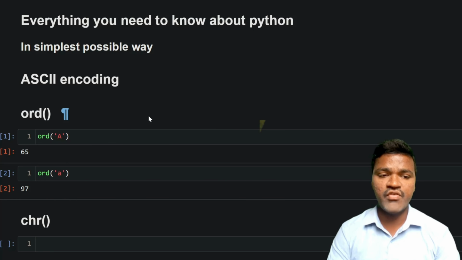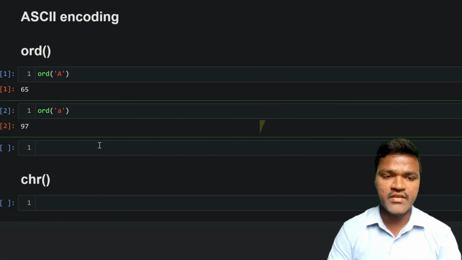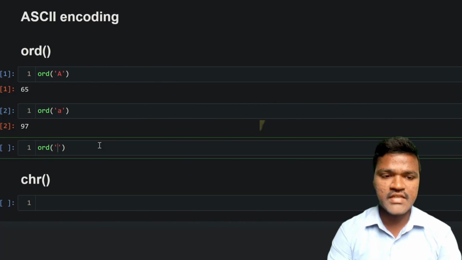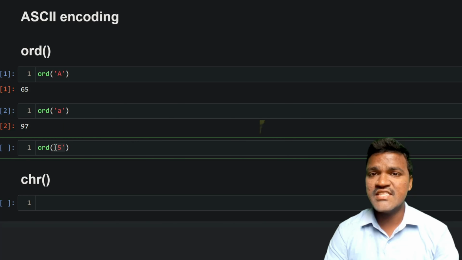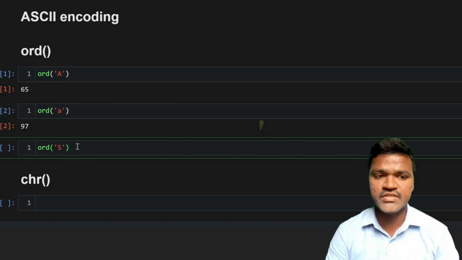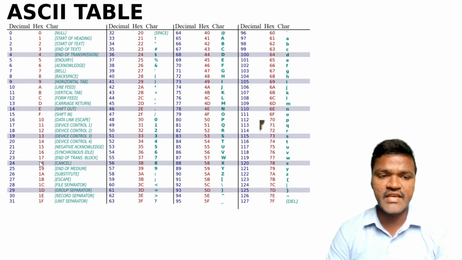Let's say I give an integer value here, let's say 5. Here you need to carefully observe, I am passing this 5 in single quotes, which means this is considered as a string. Now if I execute this, we can see 53. And if we check in this table, we have 5 here and the equivalent integer value is 53.